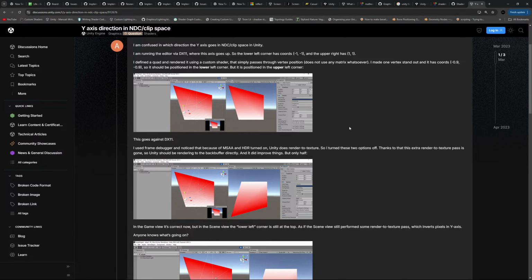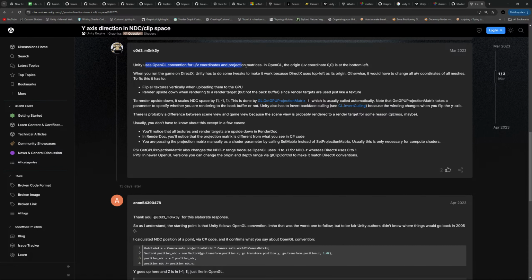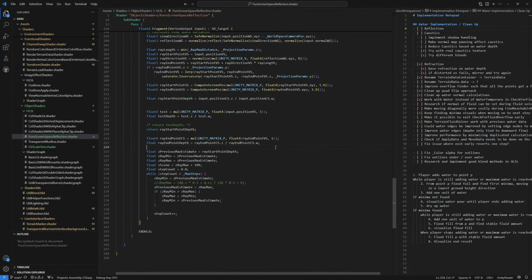Yeah, you're correct that this is shaders. I wonder if the only difference is, it's probably not, and it varies between devices.